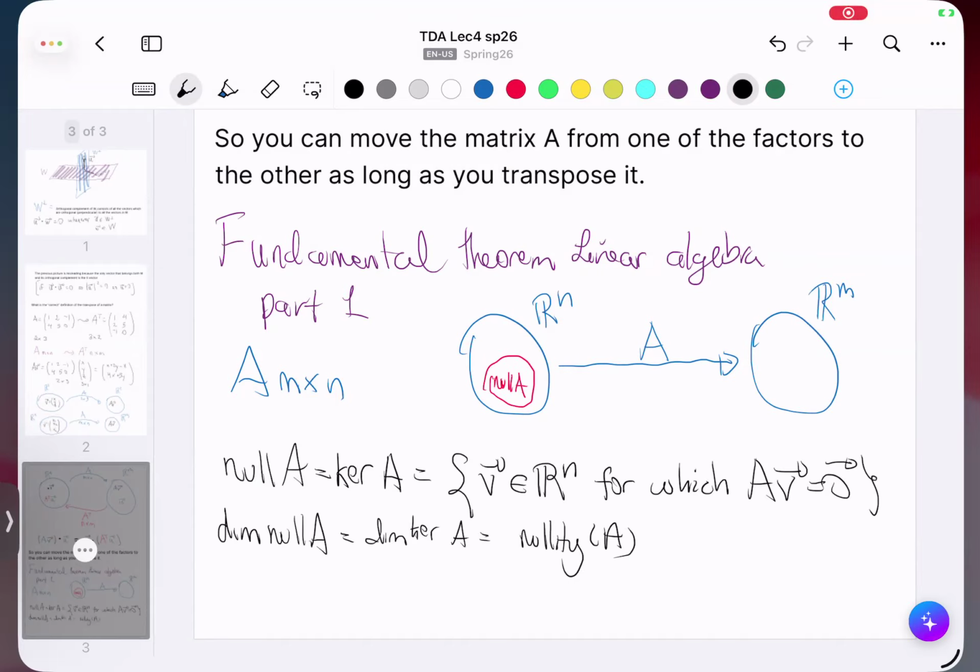So that's the first important vector space that you can associate to a matrix. Another one which is important is called the range or the image of the matrix.